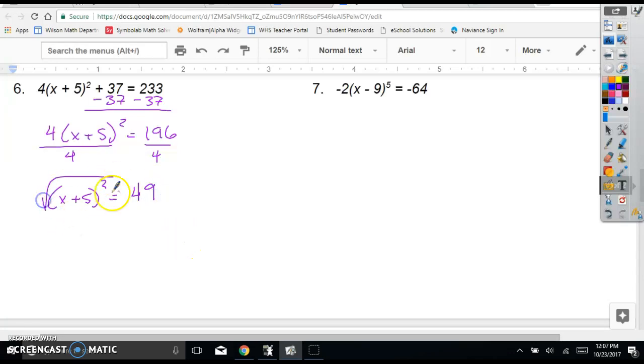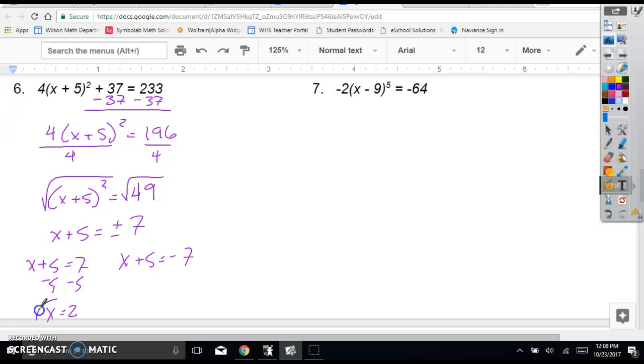And then we're going to square root both sides, so x plus 5 equals plus or minus 7. It's an even root, so we need positive and negative 7. So x plus 5 equals 7, and x plus 5 equals -7. So subtract 5, we'll get 2. And subtract 5, we'll get -12.